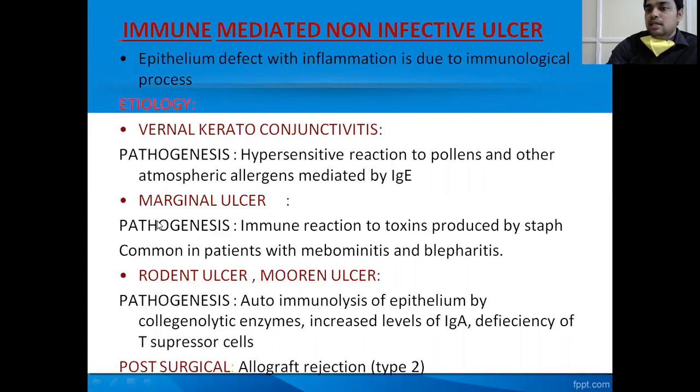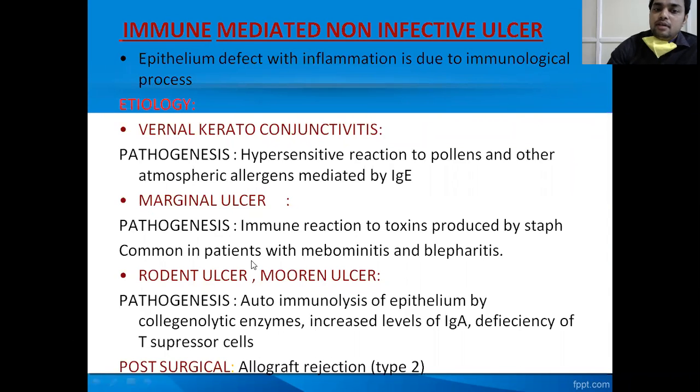The next example is marginal ulcer. Marginal ulcer is a peripheral ulcerative keratitis. That is, we see it at the margins, at the periphery of the cornea. It is due to immune reaction to the toxins produced by the Staphylococcus bacteria.